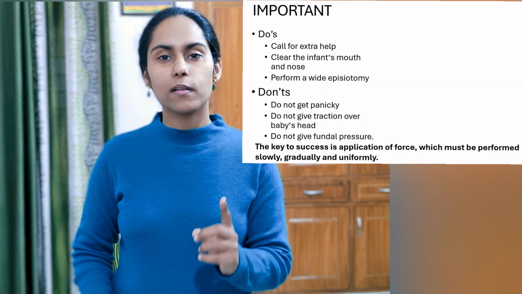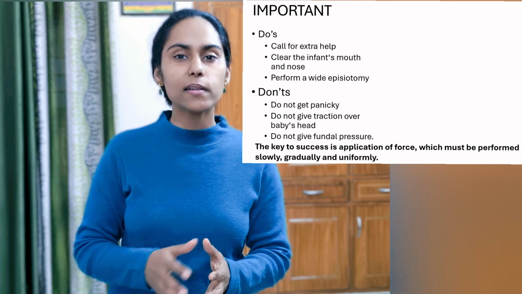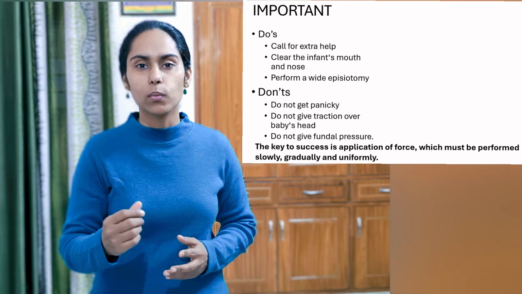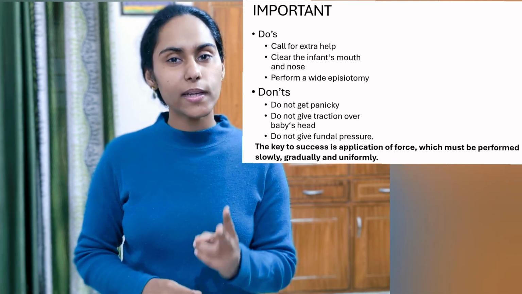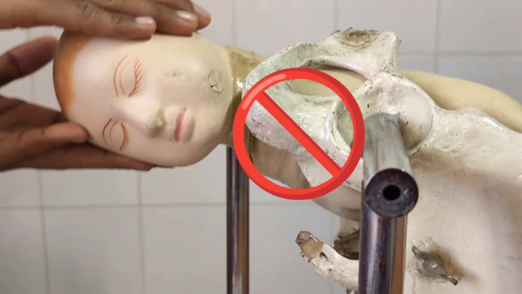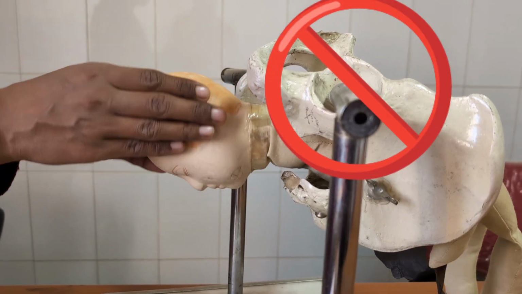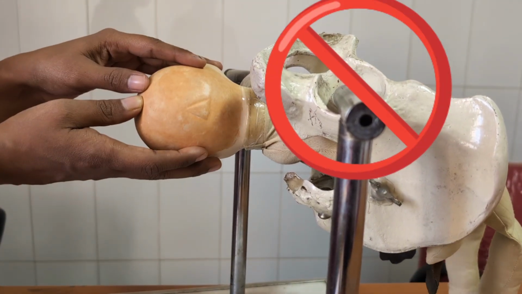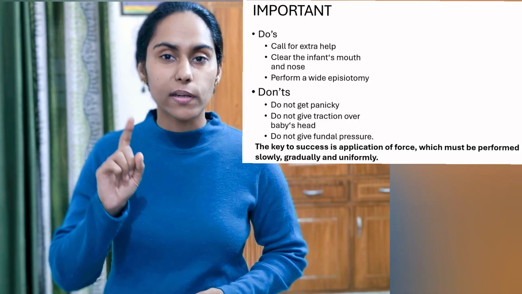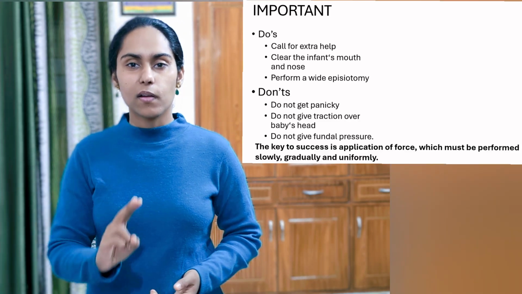So some do's and don'ts. Do's: first, call for help, clear the infant's mouth and nose. Don'ts: don't panic, don't provide any undue traction or any undue rotation. Stay calm so that you can deliver the fetus in a quick manner without any fetal injury.